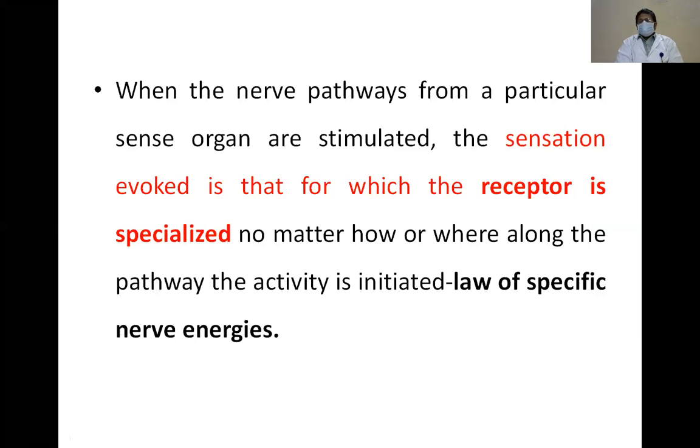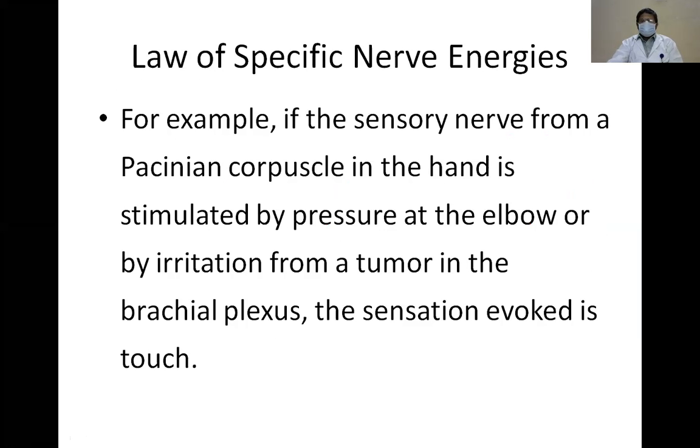It is called the law of specific nerve energies. For example, if a sensory nerve from a Pacinian corpuscle in the hand is stimulated by pressure at the elbow or by irritation from a tumor in the brachial plexus, it will produce only a touch sensation.